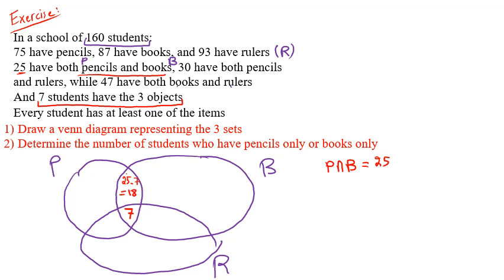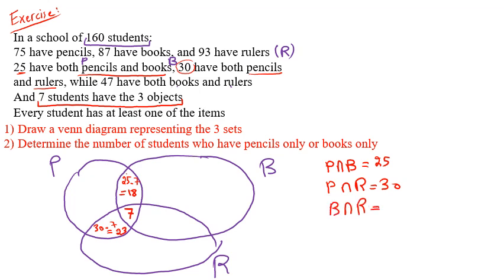In the same way, how many in pencils and rulers? We have 30 students. Pencils and rulers are 30. So here we have 30 minus 7. The answer will be 23. And last one, books intersection rulers.